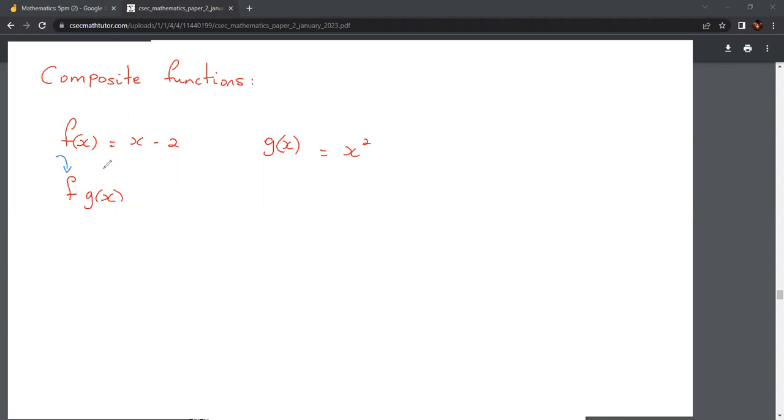So it simply means wherever in f of x I have x, I'm going to put g of x in it. So I substitute the whole of g of x where I have x, which is x squared.